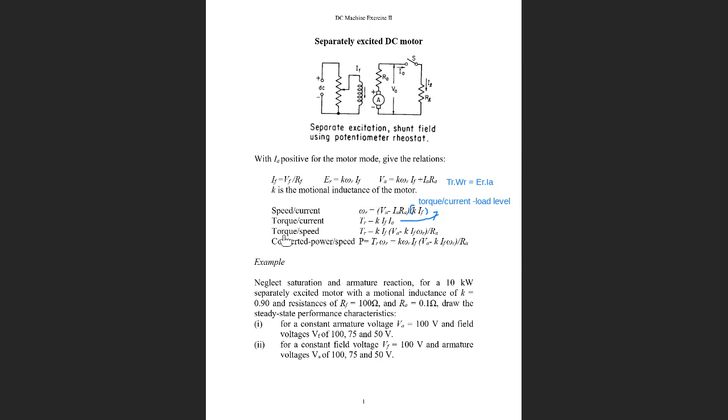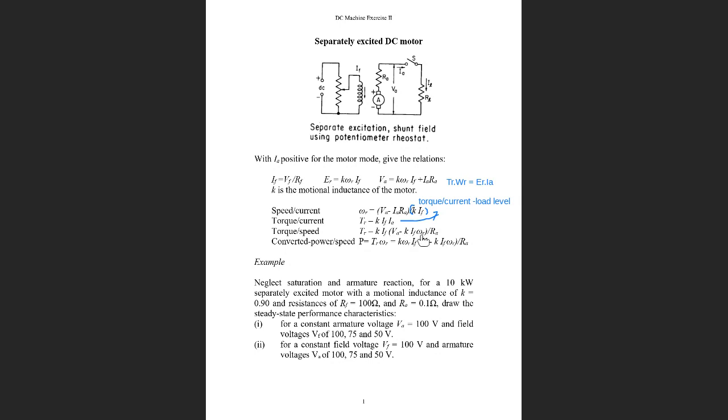And then we can furthermore find out the torque-speed relationship. It shows that when the field current is given, the motional inductance is given, and the applied voltage is given, then the torque decreases with the increase of the rotation speed.